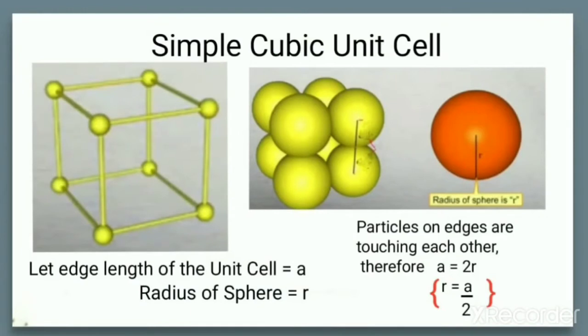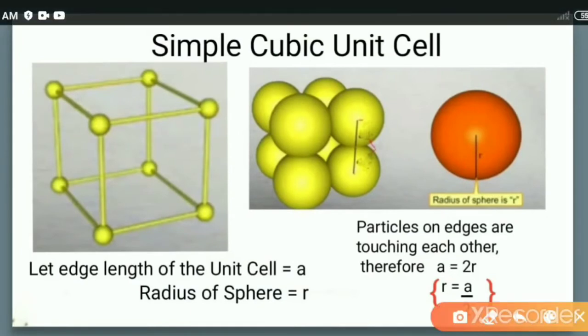Simple cubic unit cell. As we have already discussed, particles are present only at the corners of a cube. Let A be the edge length of the unit cell. In reality, these particles are very closely packed.